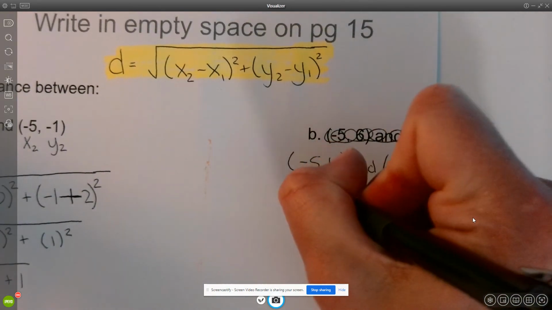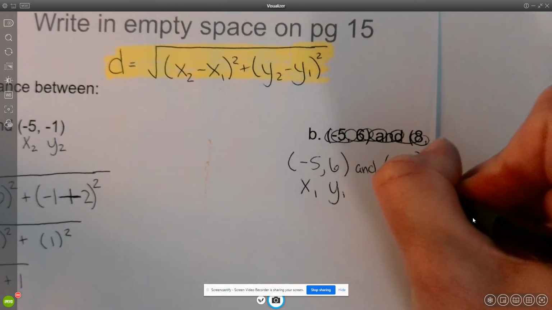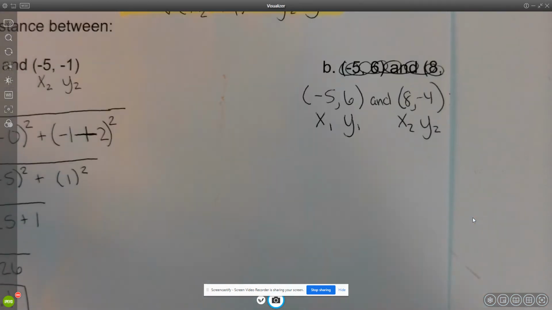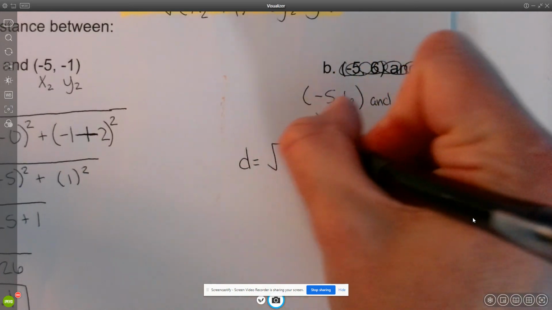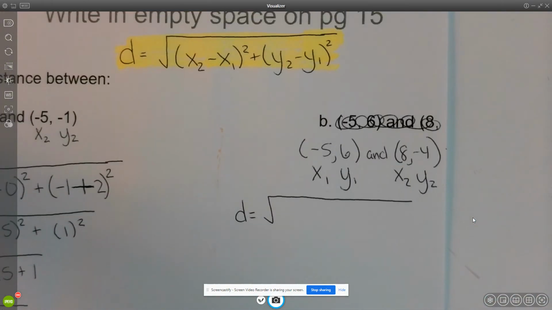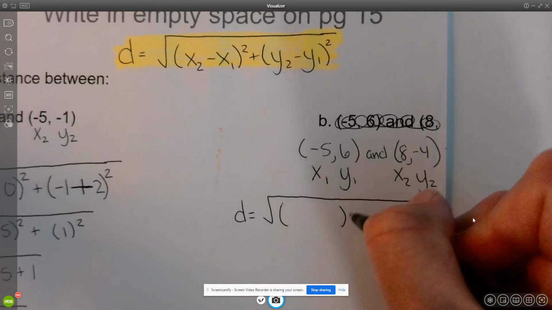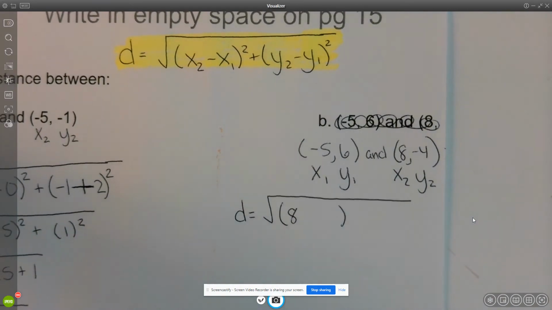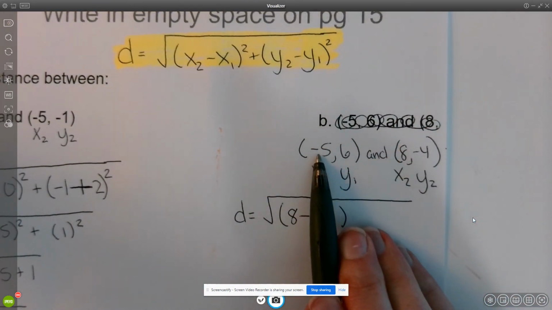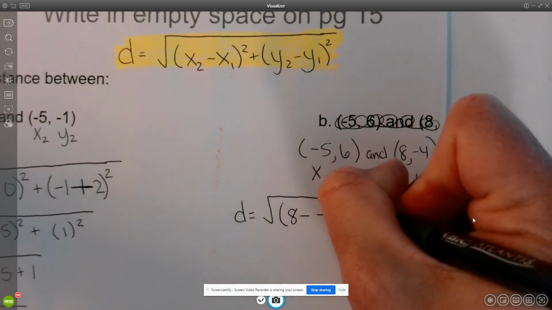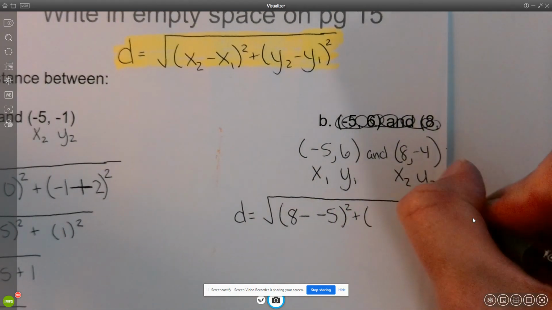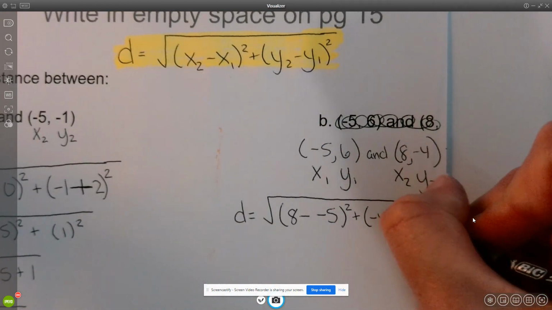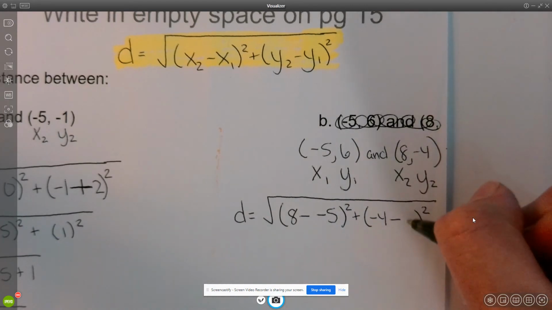So again, I'm going to label the x and y coordinates of both of my points and plug these numbers into the distance formula. x2 is 8 minus x1, minus -5. y2 is -4 minus y1, which is 6.